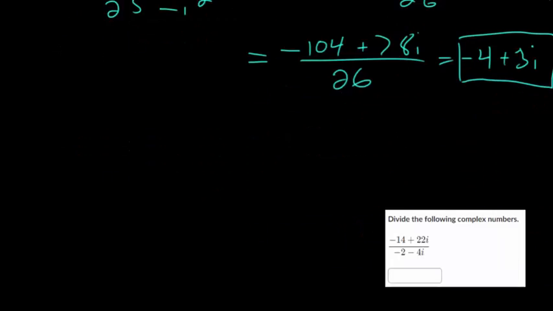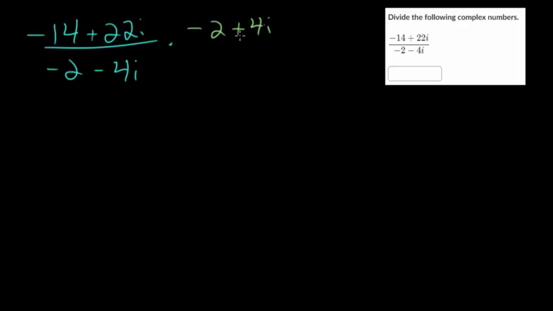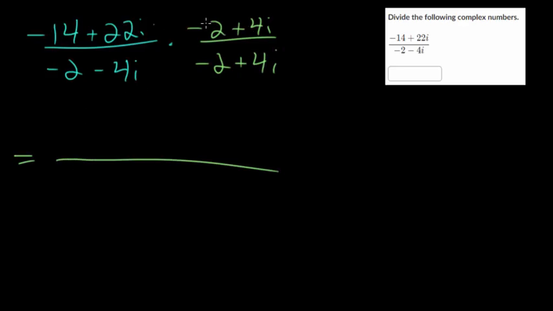And we'll do one last one. So let me just rewrite it. Minus 14, no i there, plus 22i, all divided by minus 2 minus 4i. And for this one, we multiply top and bottom by minus 2 plus 4i. So we're just multiplying by that conjugate again. And in the top, you get minus 14 and minus 2 would be 28.